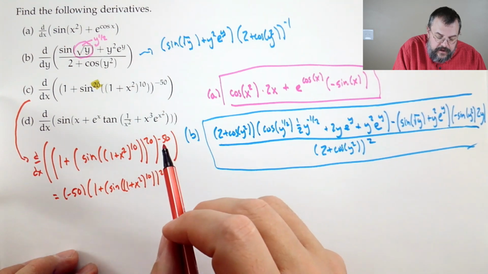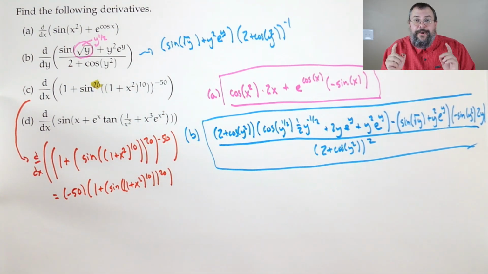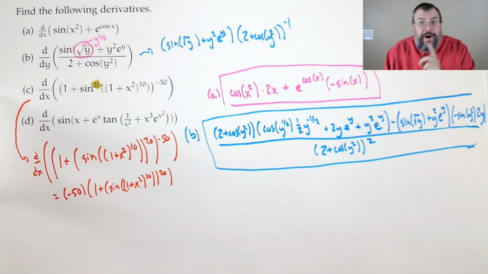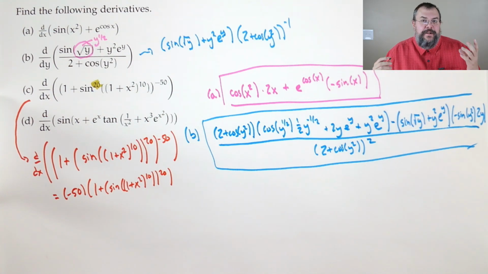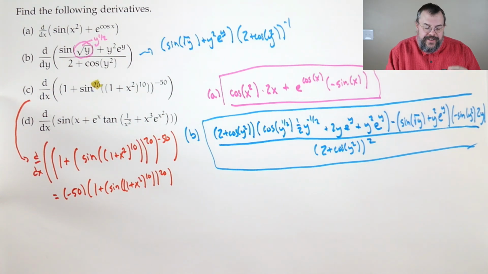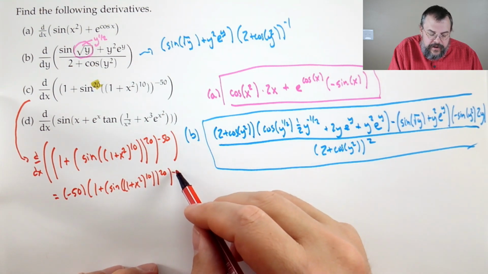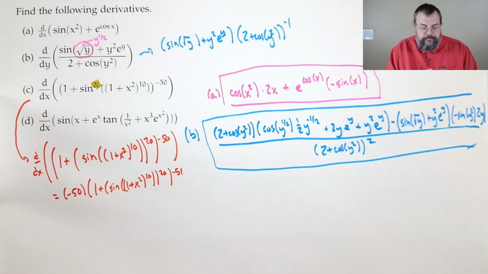And now subtract 1 from the power. What's my new power? It was negative 50 before. The new power is negative 51. Be careful here. Subtract 1 doesn't just mean make it 1 smaller in size. It means subtract 1. So it's not negative 49.